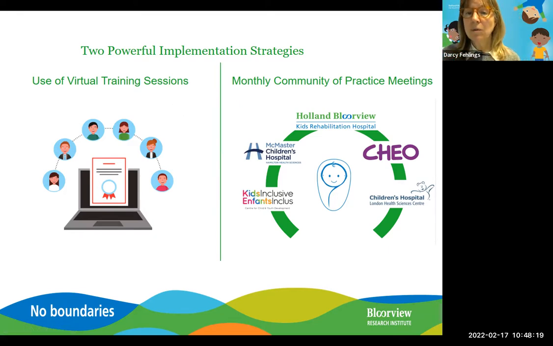Now, we also found it really helpful to do community of practice meetings, and we met monthly, and all the sites got together, both the neonatal follow-up clinic staff and the baby CIMT leads, and we monitored questions, use, uptake of the baby constraint and the HINE.